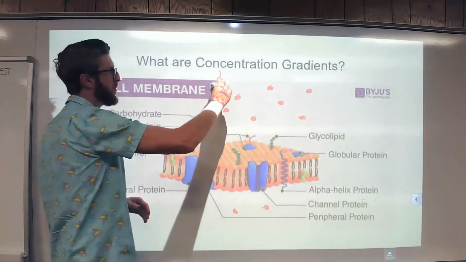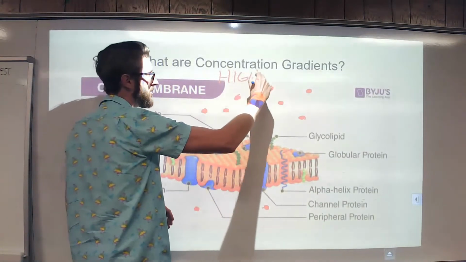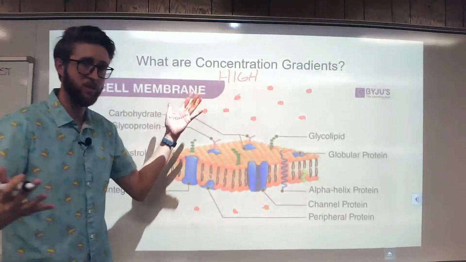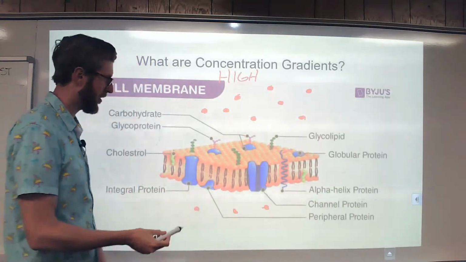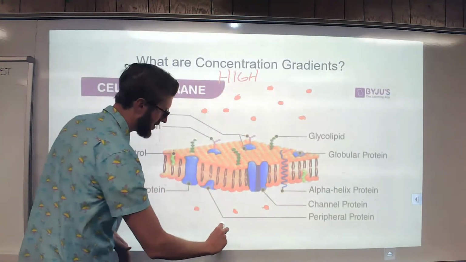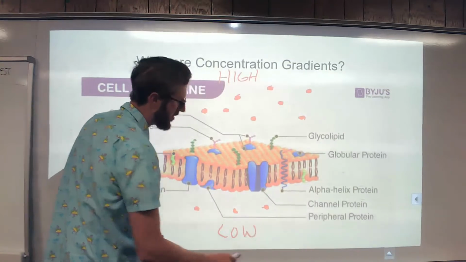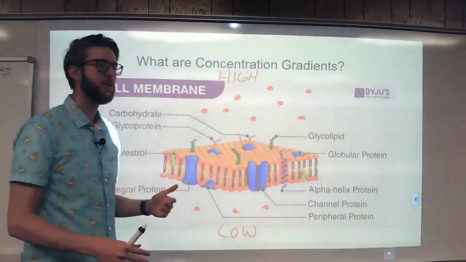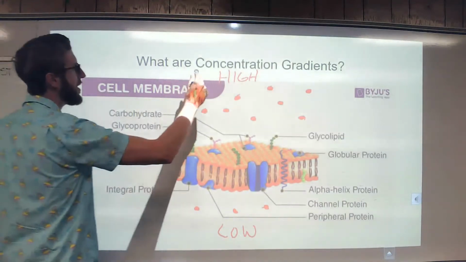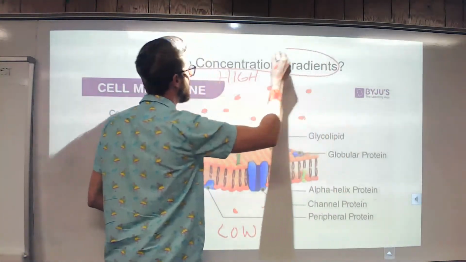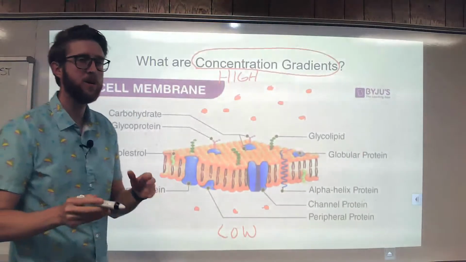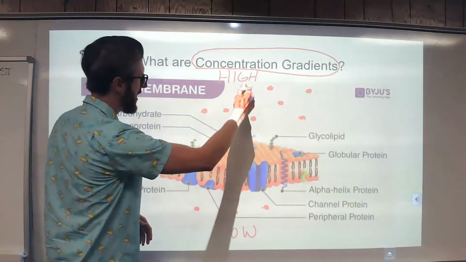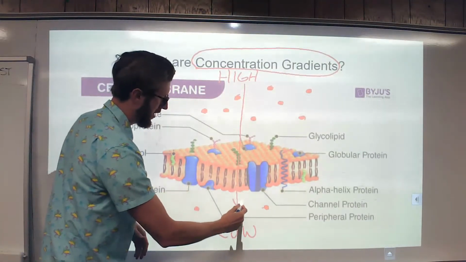So outside we have a high concentration of these red dots, whatever they are, it doesn't matter what they are, just there's a high concentration of them outside, and there is a low concentration of them inside, okay? This creates what we call a concentration gradient. And a concentration gradient always flows from high to low.